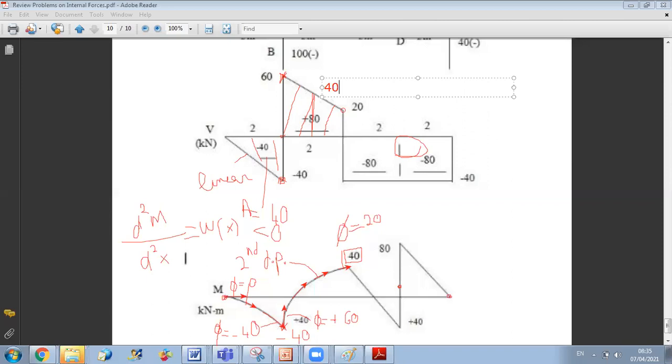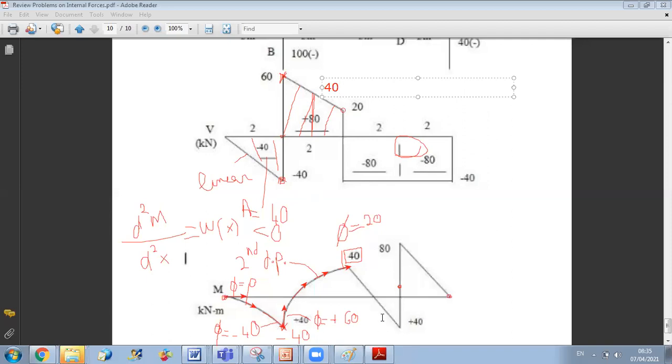So it's 40 times the value of the base, which is 2. In a trapezoid, you do the middle height times the base. This is the area: 40 times 2 equals 80. And to find the middle height, you just do 20 plus 60 over 2.